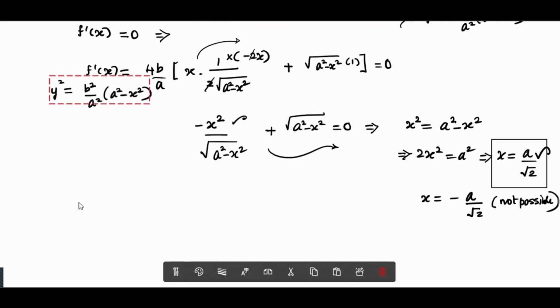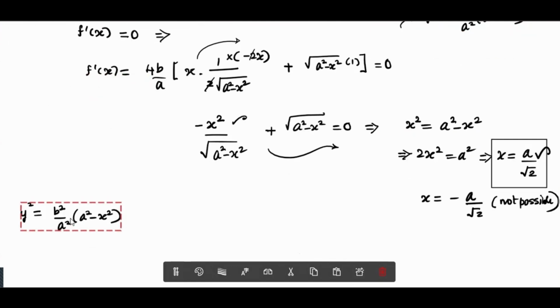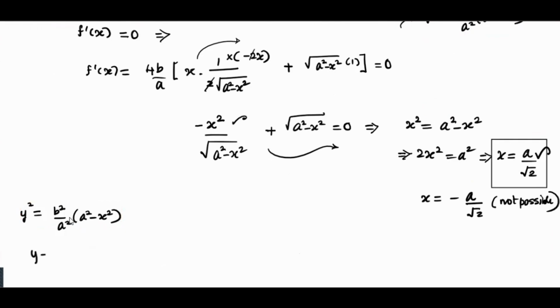If we substitute it here, y would be equal to b by a into root of a square minus x square. A square minus x square would be a square by 2. So this would be a square divided by 2.